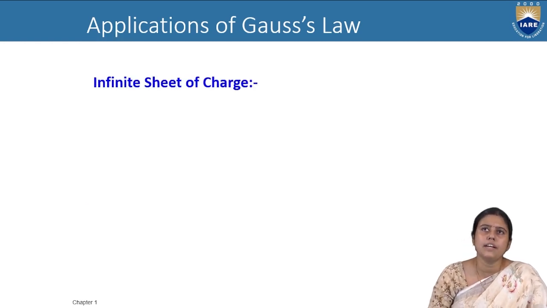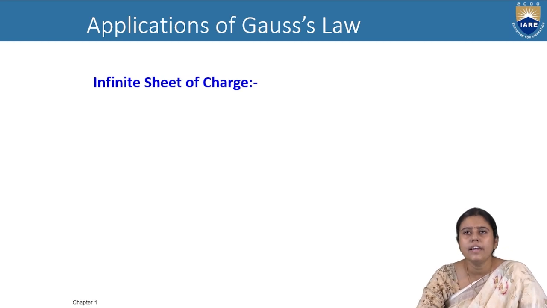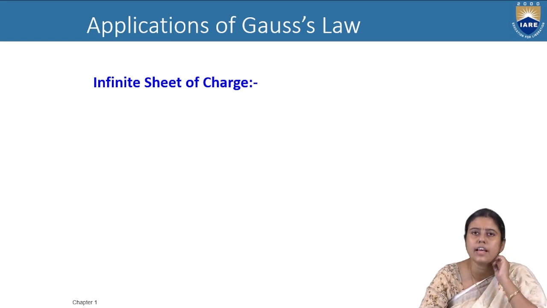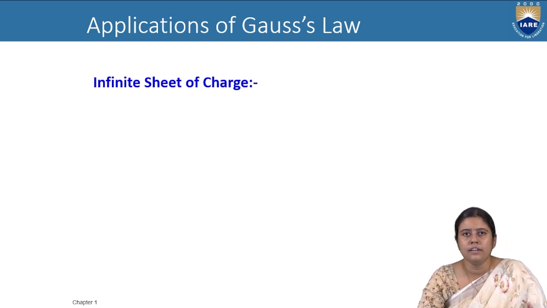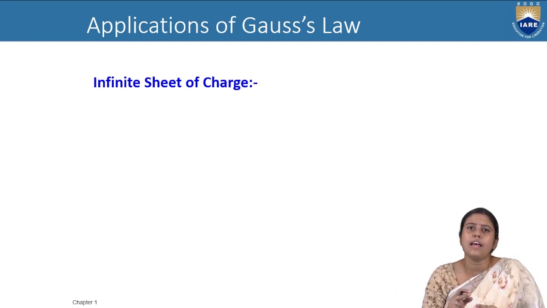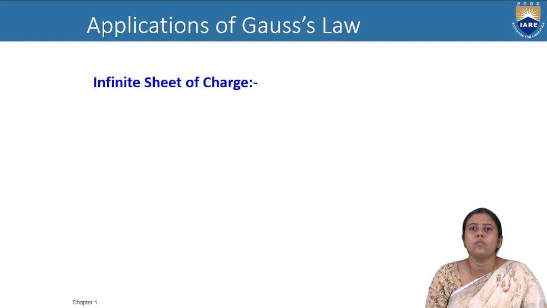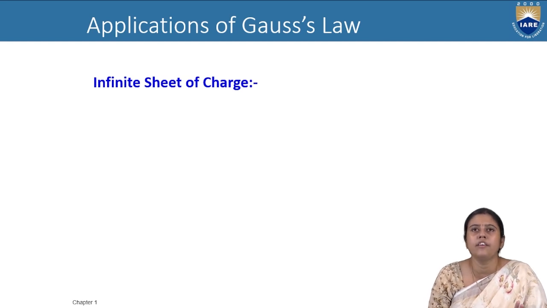Now we will discuss the infinite sheet of charge. What does it mean? Infinite sheet of charge means this is the sheet of charge, and the infinite sheet means this is a surface, and the x and y axes are infinite.